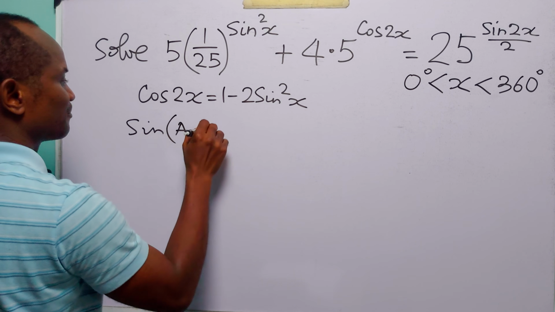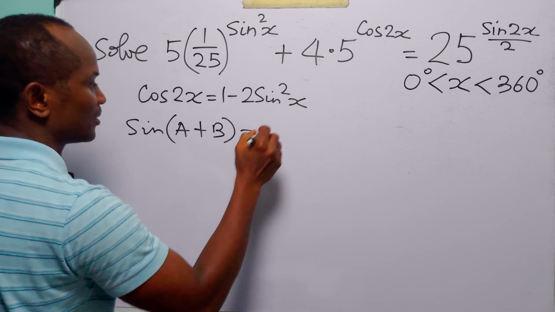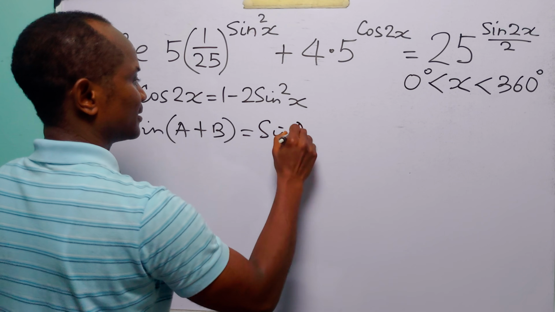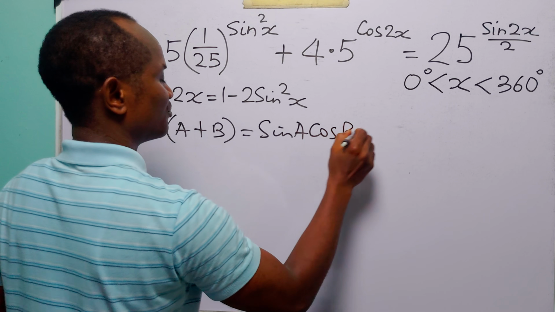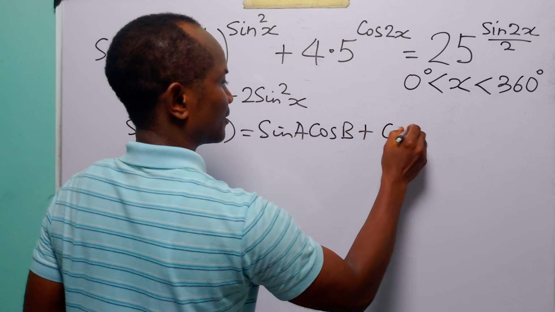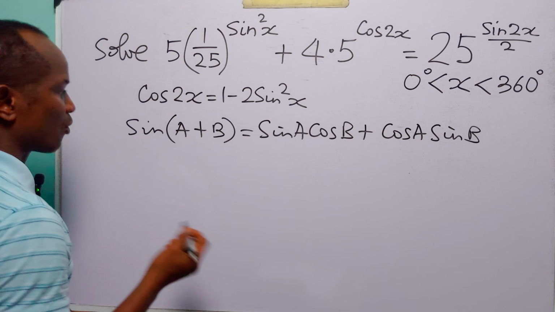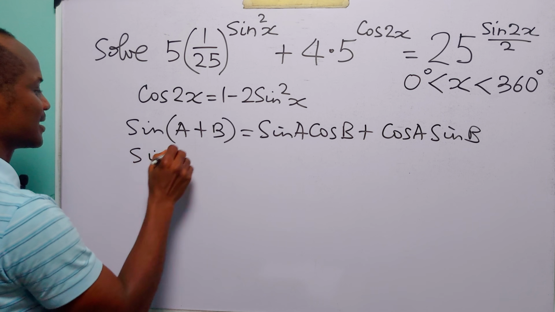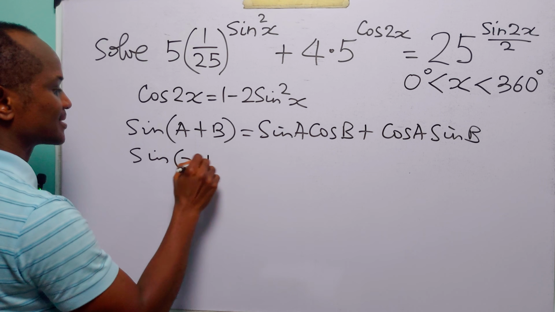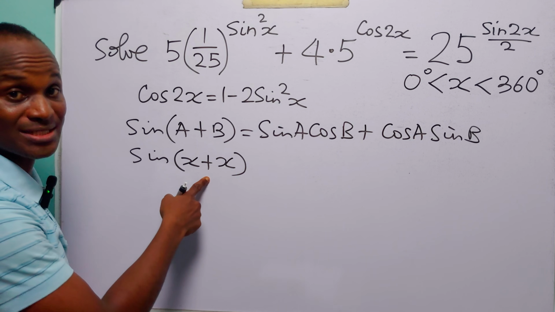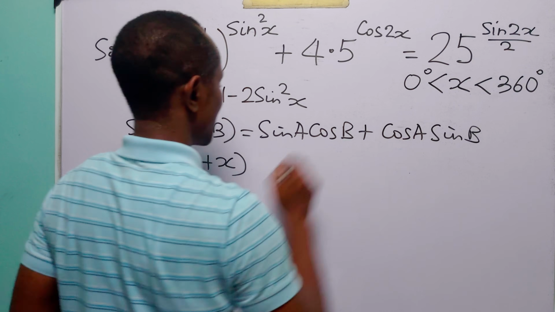And to find sin 2x, let us use the formula sin(A + B) is equal to sin A cos B plus cos A sin B. Once more, we replace A and B with x and x. x plus x is equal to 2x.